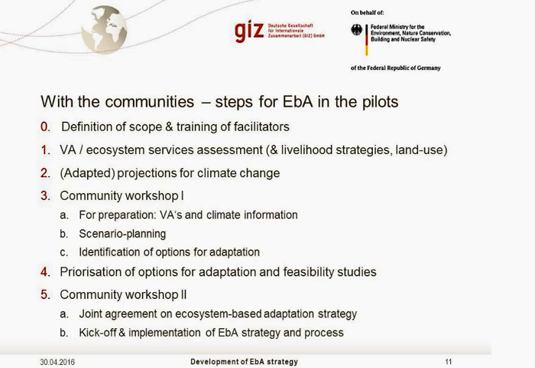We have persons who are good in field work, but what we really miss is persons who are good in field work, who have a good understanding of climate change, and then of climate change adaptation, and then on top of that of ecosystem-based adaptation. So this we defined as a key success factor, to bring people onto the same level and have facilitators who really understand what they are doing.